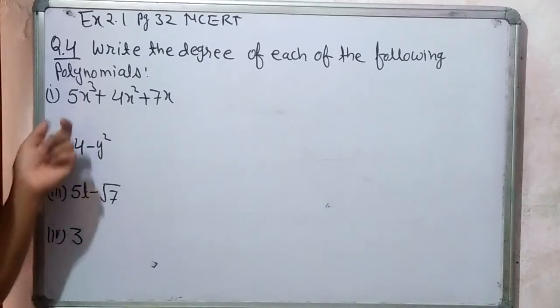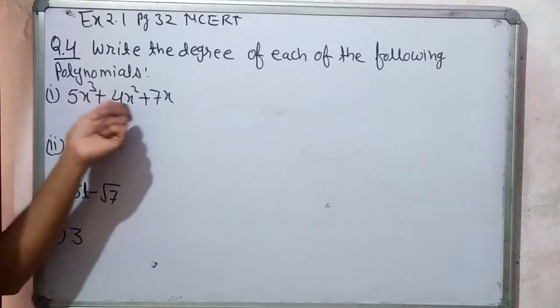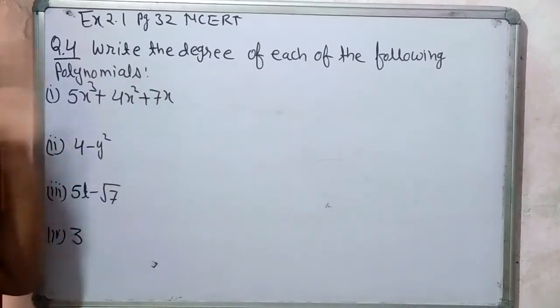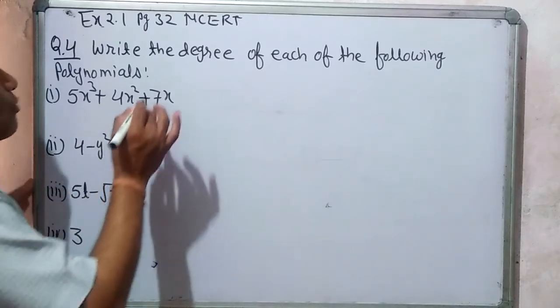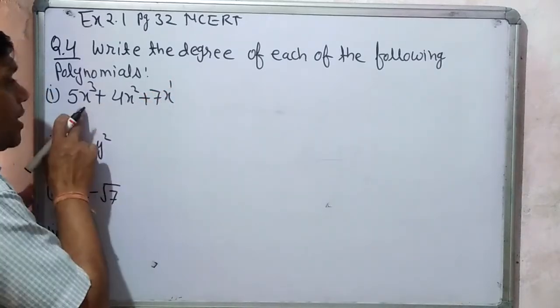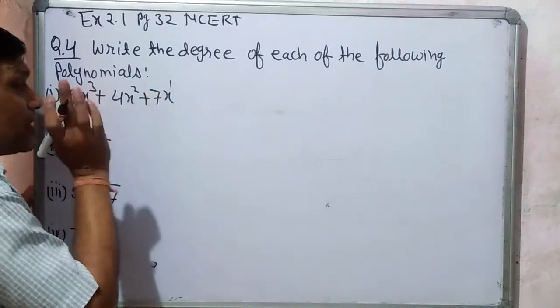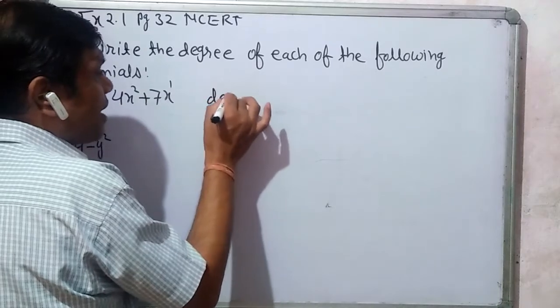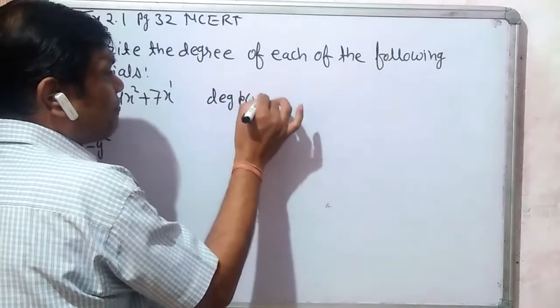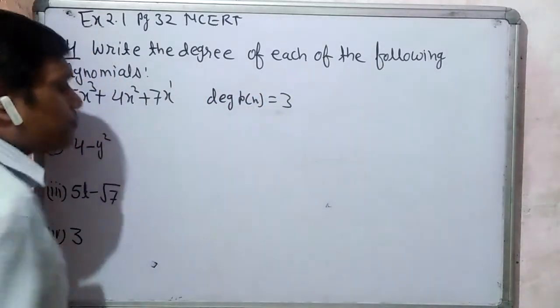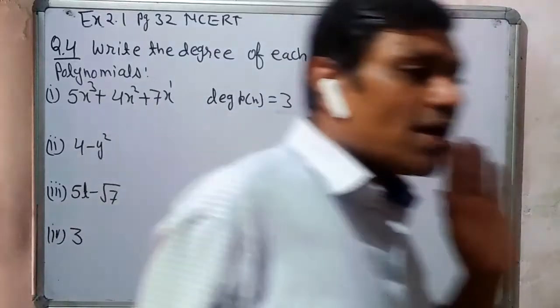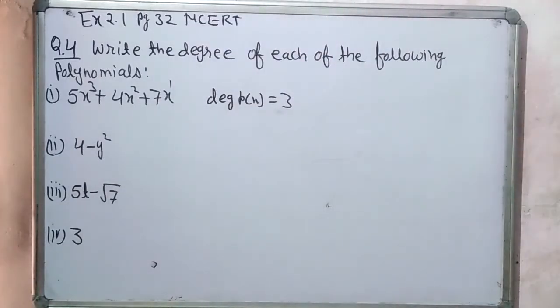What is the power of the variable in the first term? 3. In the second, 2. In the third, 1. The highest power is 3, and that is the degree. So can we write the degree of p(x) is 3? It is a polynomial in x and the degree is 3.